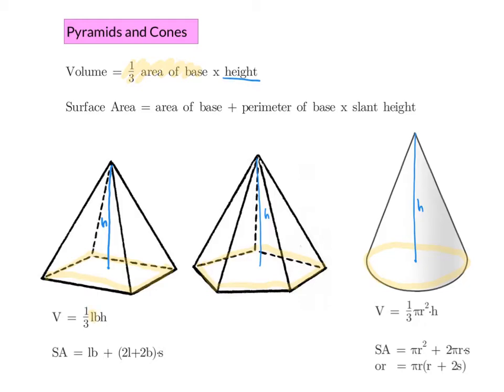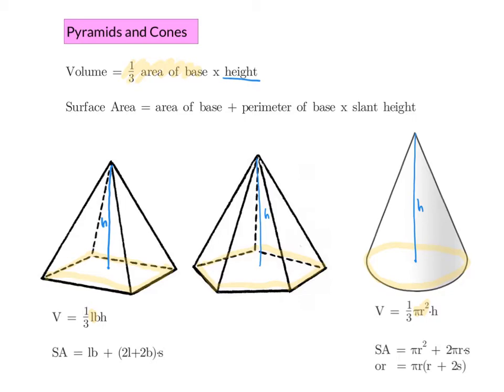And then I'll times that by the height. Next, if I wanted to look at the pentagonal base pyramid, I'd have to work out the area of the pentagonal base and times it by the height. Or for a cone, the volume will be the area of the base, and the base is a circle, so it would be a third times pi r squared times height.